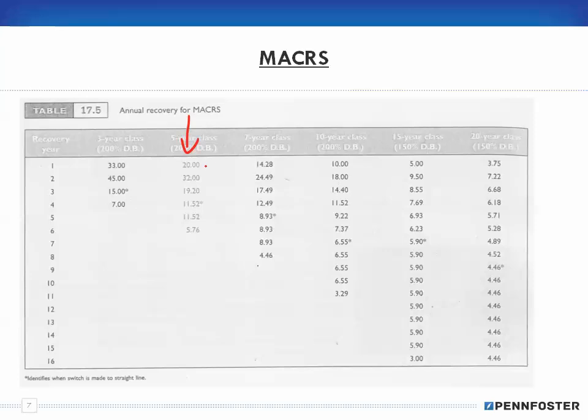Okay. So you see we have 20%, 32%, 19.2%, 11.52%, and notice that there's an asterisk right here. And if you come down to the note, it identifies when the switch was made to straight line.